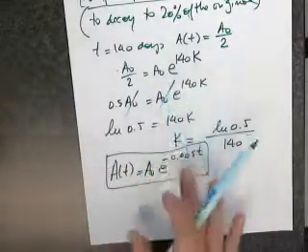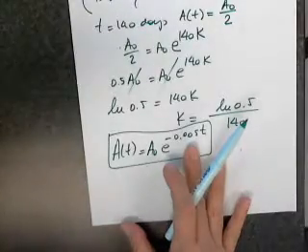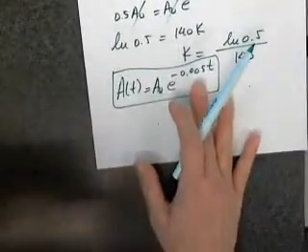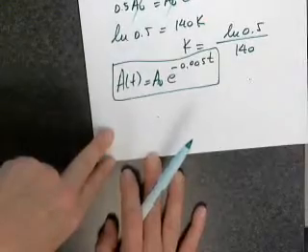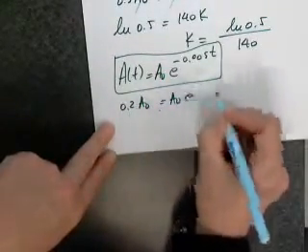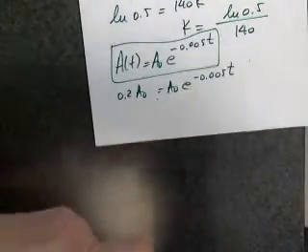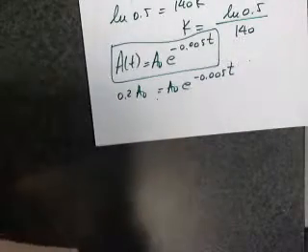Now I want from 100% A0 to 20% A0. How do I write that? 0.2. Exactly. 0.2 A0 equals A0 e to negative 0.005 t. You could have answered from the elevator if you had known the question, right?